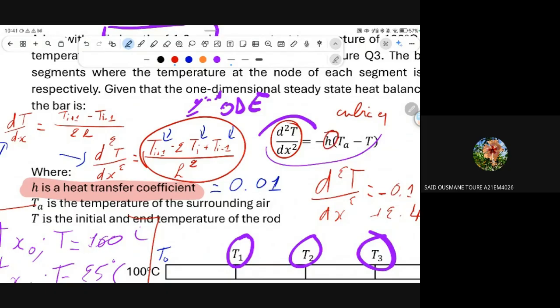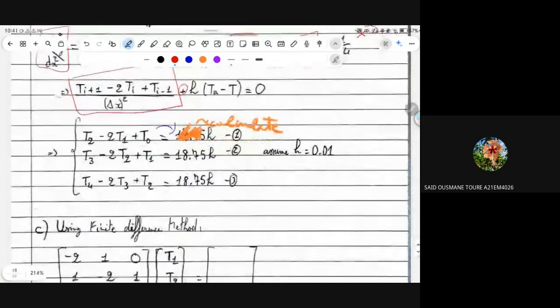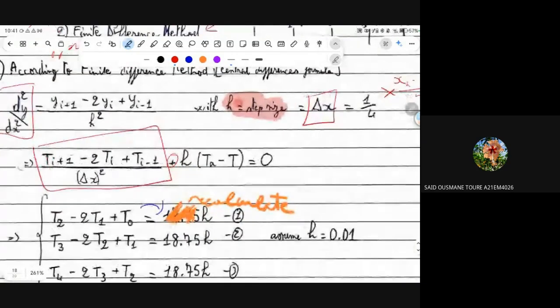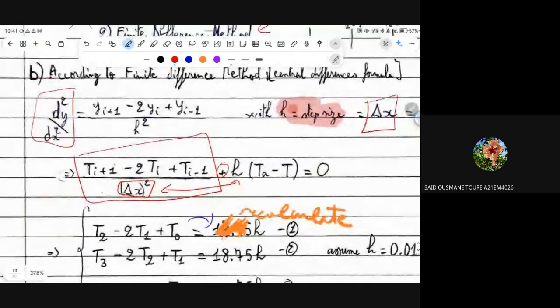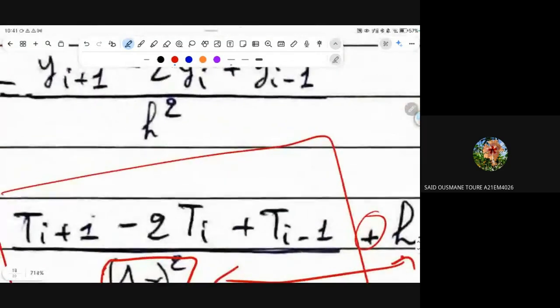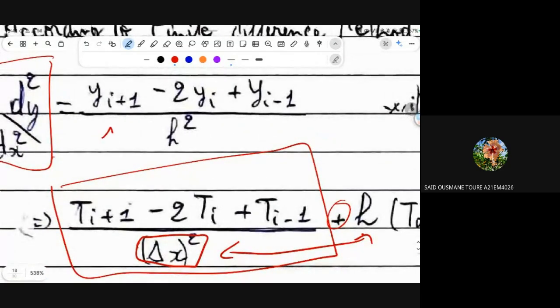However, for this h, in my answer, I translated it into delta x, to not confuse the two. So I don't advise you, if you find h here, to just keep the formula as h. I advise you to change it to delta x.